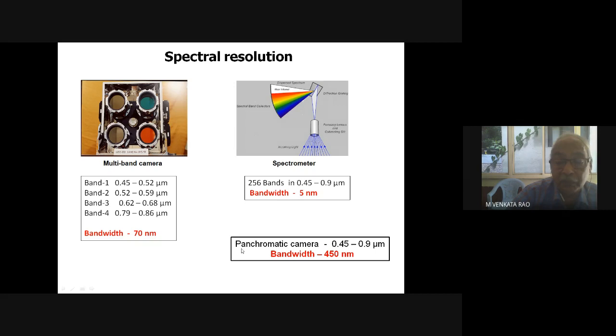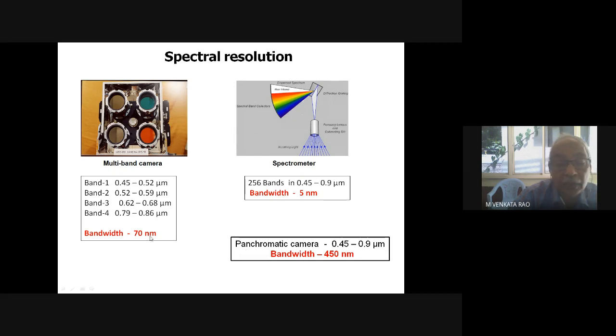Whereas there is a panchromatic camera. The panchromatic is nothing but a black and white camera. We use 0.45 to 0.9 micron, that is 450 nanometer bandwidth. Normally when you go for high resolutions, another criterion is you reduce the spectral bandwidth. Basically, you are reducing the energy going into the sensor, so naturally the signal will be less.